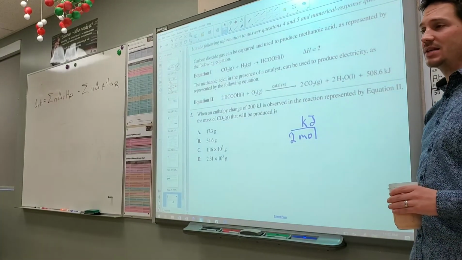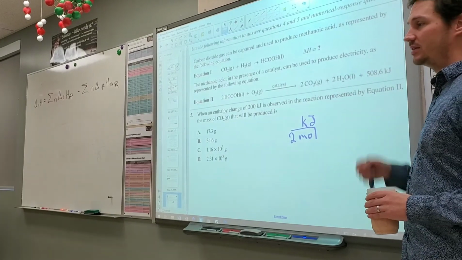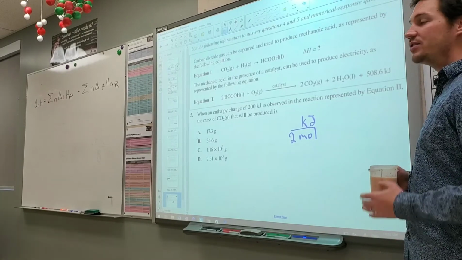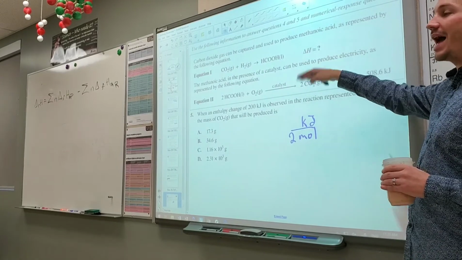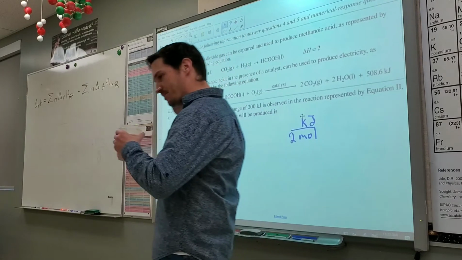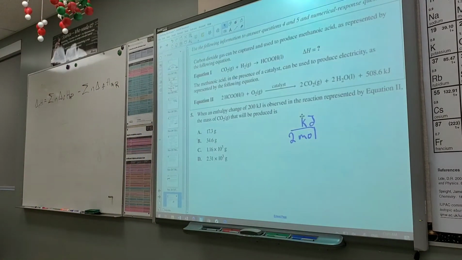How could you get mass out of this? Molar mass, right? So we're going to have to use unit analysis on this question. I understand there's multiple questions here, but it's not asking you to add them up and turn it into something else. It's asking for a mass of this product, and it gives you the amount of enthalpy, and so you're going to have to use unit analysis.